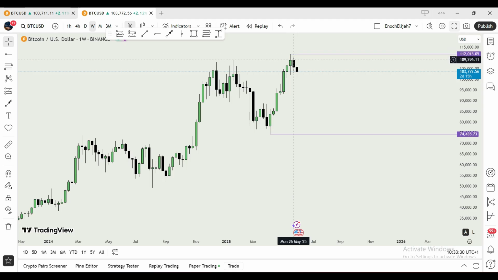Now what we have here is a retracement of price. When price retraces, we'll be looking for a chance to buy for a long trade, because we have a bullish trading range.